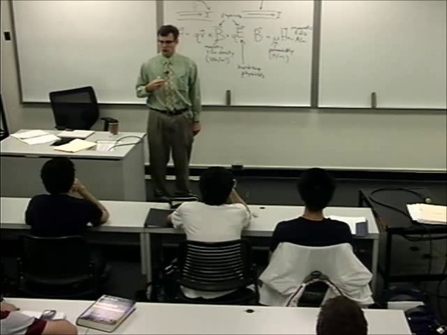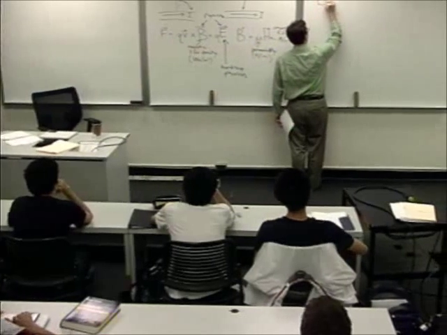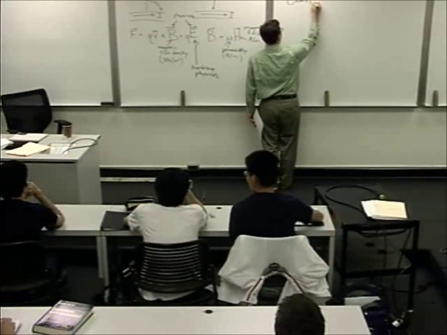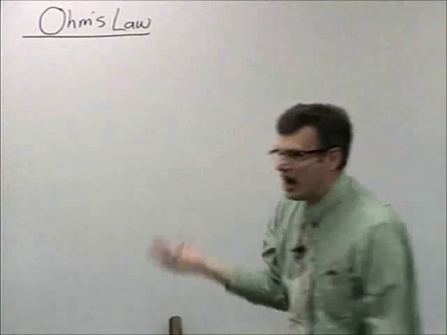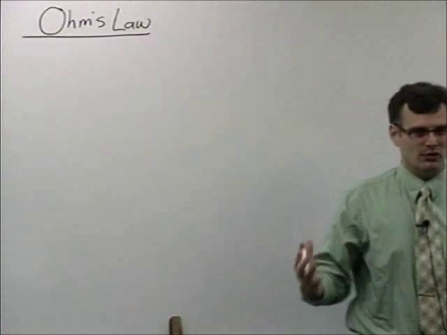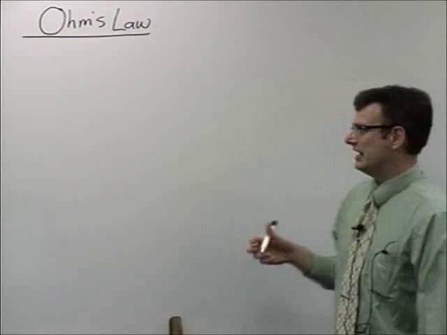And that is, of course, Ohm's law. So let's do a quick discussion of Ohm's law based on our constructs, just to show you how much we've accumulated in our electrostatic and magnetostatic tool set.